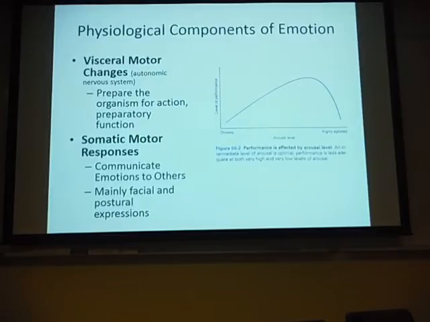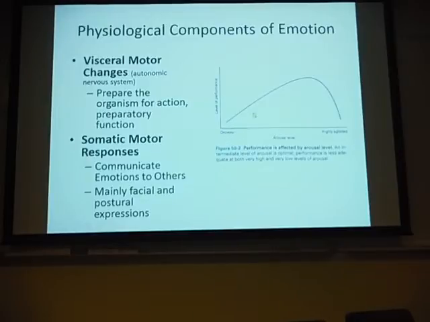They're important also in changing our level of arousal in response to emotion. And this is something you've probably seen before in a psychology class. It used to be more symmetrical, but it was called the Yerkes-Dodson curve. And it's the idea that our performance, which is here on the vertical axis, changes or is influenced by our arousal level.